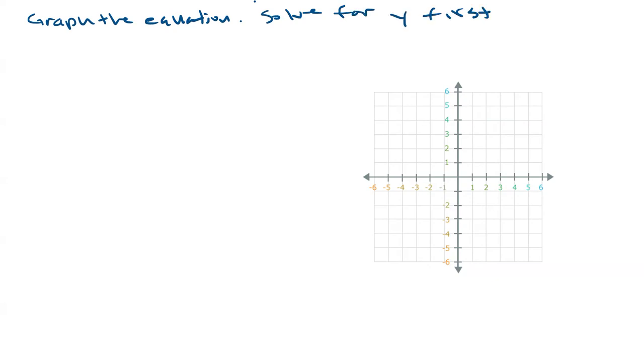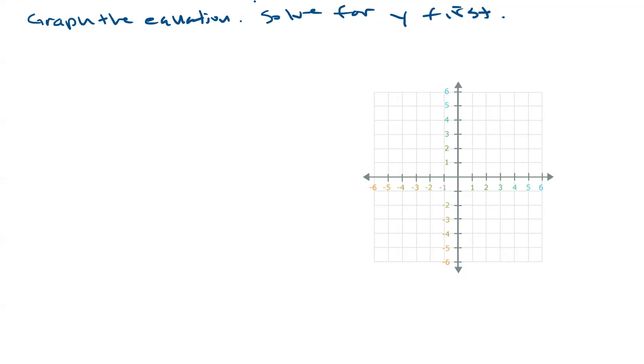All right, so this question is the same question as the previous one. This one wants us to, again, graph the equation. However, we need to solve for y first. Okay. So let's look at this one.